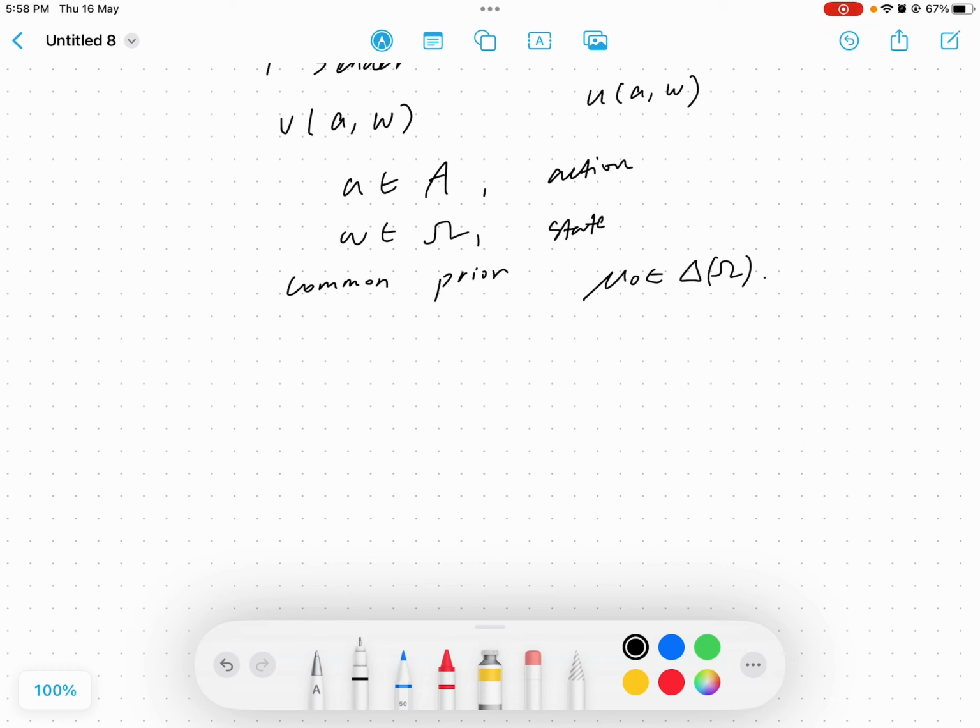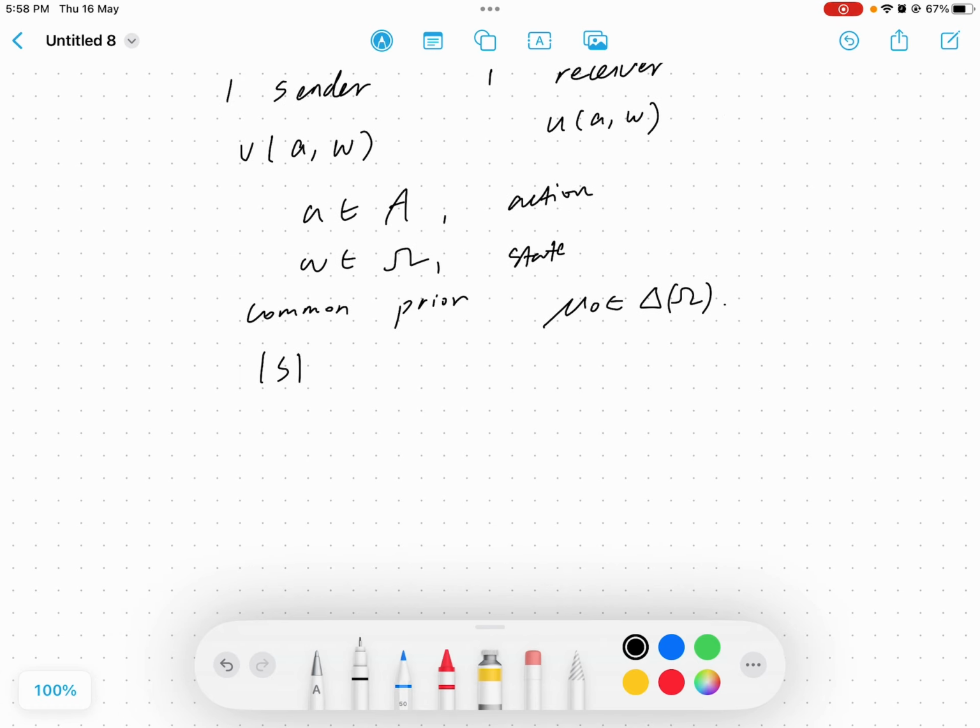There's a very useful assumption in their paper, which says that the cardinality of the signal realization set S, which we will introduce later, should be big enough for the possible action recommendations, and we will mention this later.